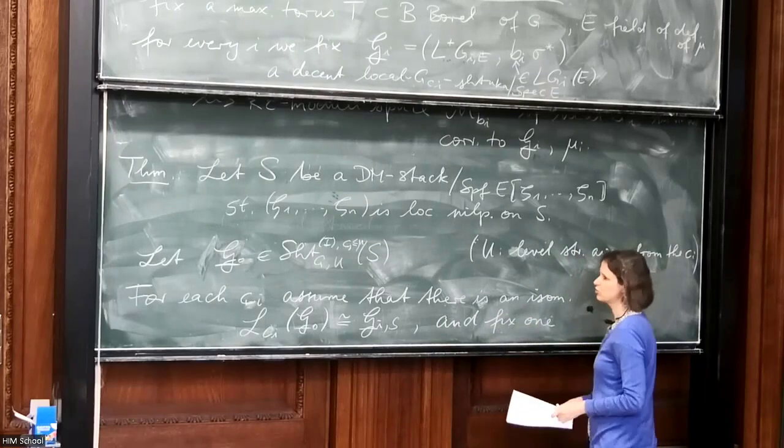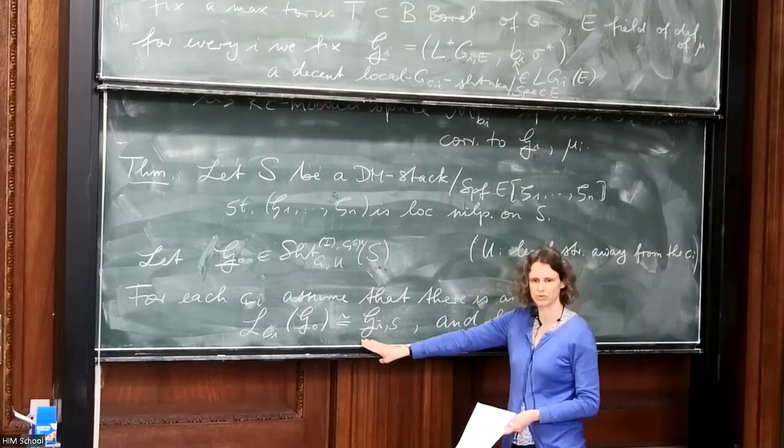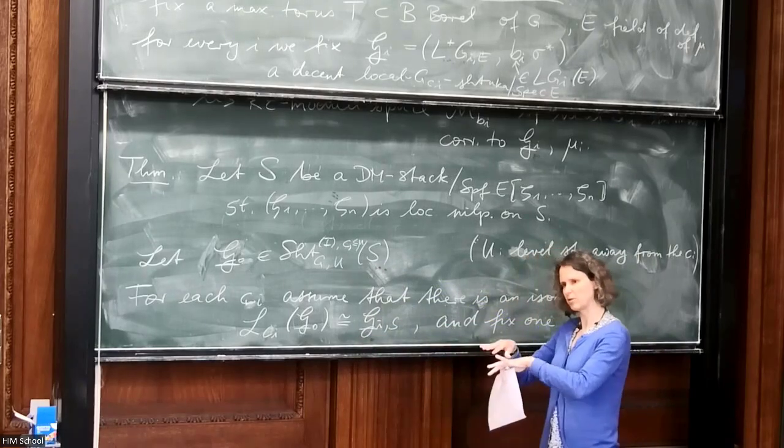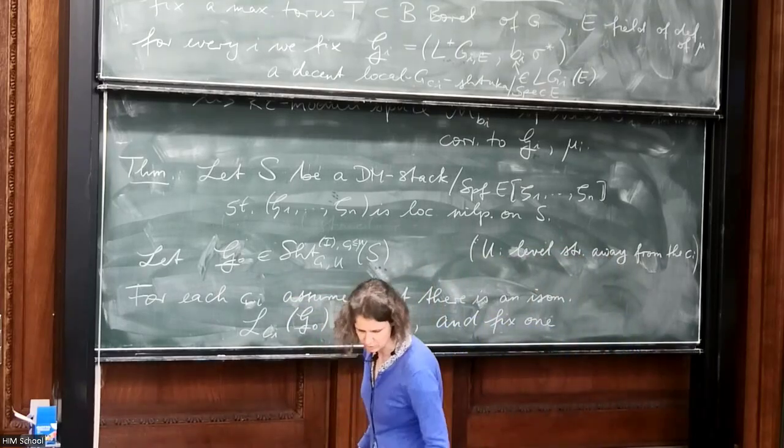So we make here really a lot of choices. We choose G_0, and we choose for every i such an isomorphism. And we assume that we have chosen this G_0 in the correct way so that there are such isomorphisms.